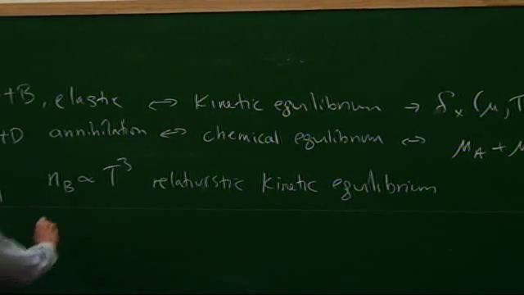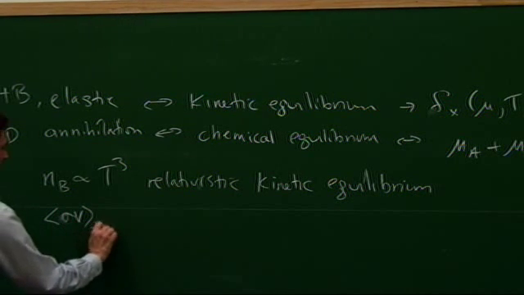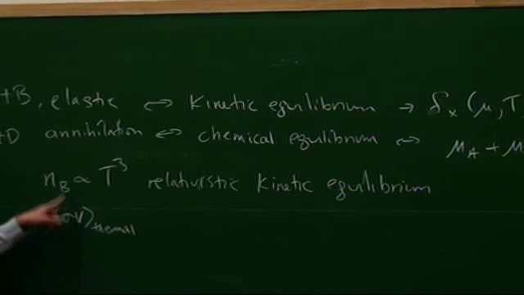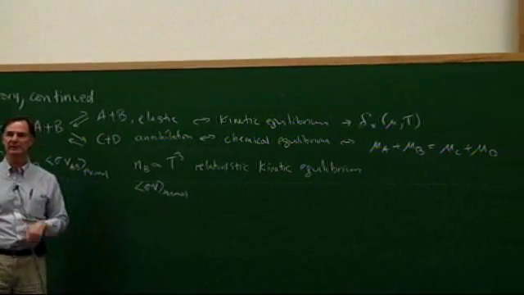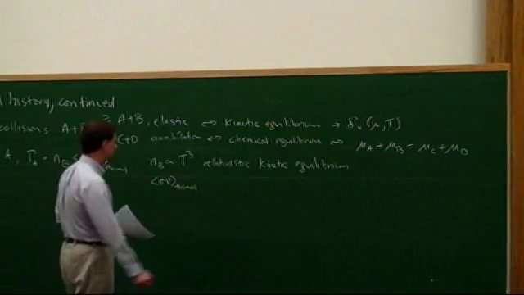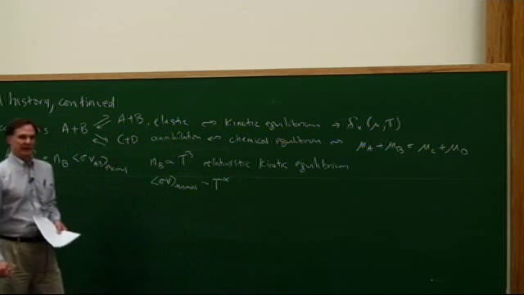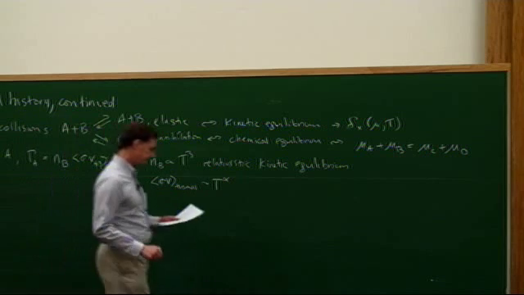And then the sigma times v will be some function of temperature depending on the momentum dependence of the cross-section, on whether the plasma is relativistic or not. Here, by assuming this, I've kind of assumed that the plasma is relativistic so that this v would be the speed of light, characteristically. And I'm just going to write this as T to some power of alpha. It may or may not have that form depending on the interactions.